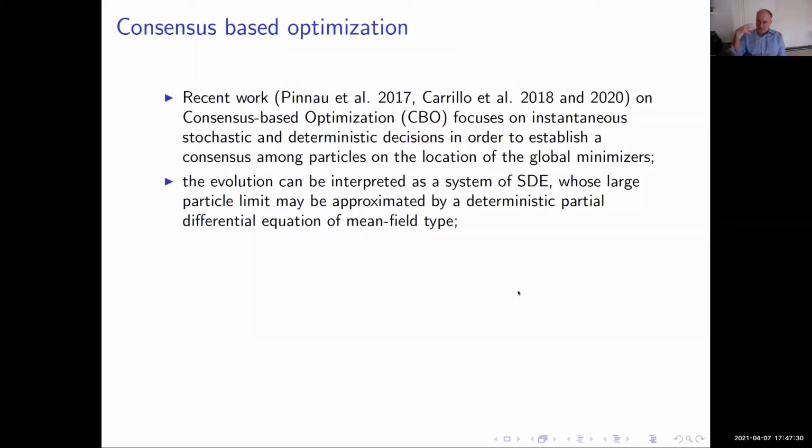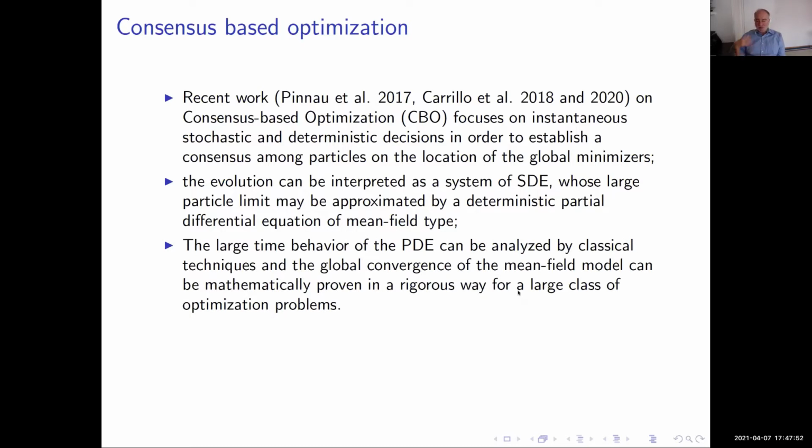And the stochastic differential equation system, for a large particle limit, or for the number of agents going to infinity, may be approximated by the solution of a deterministic partial differential equation of mean field type, a Fokker-Planck type of equation. The large time behavior of the solution of the PDE is then analyzed by classical calculus.